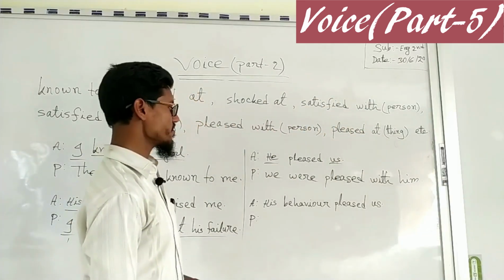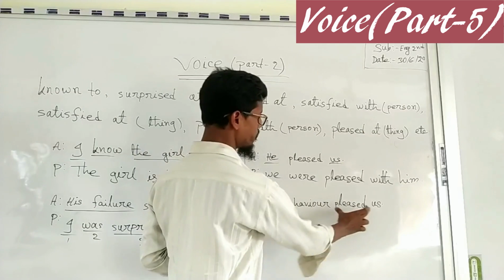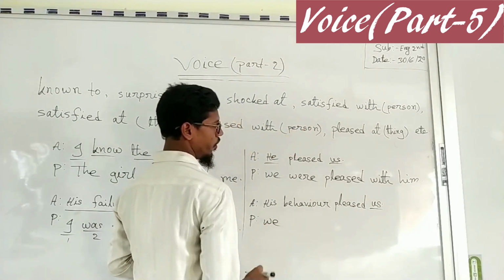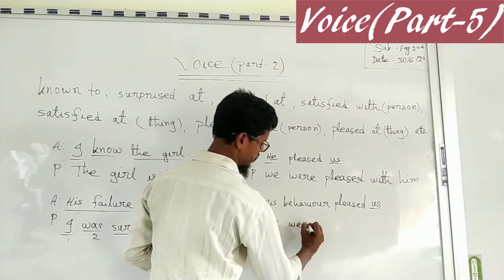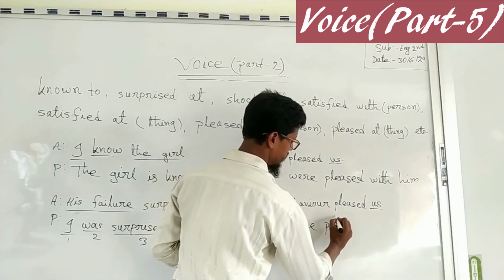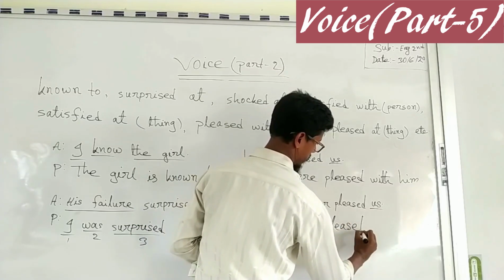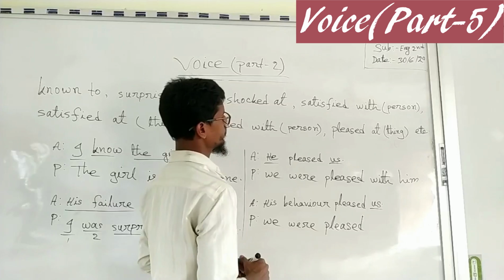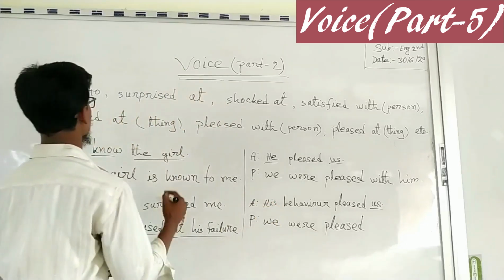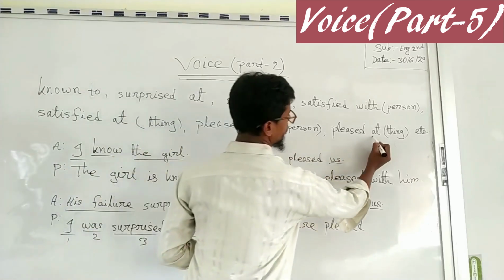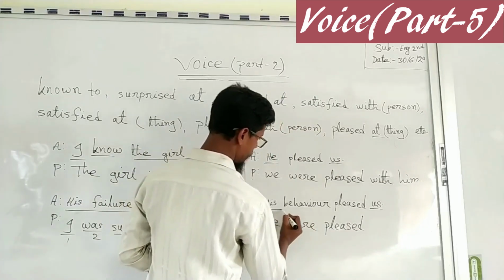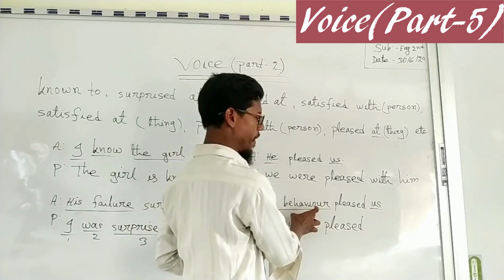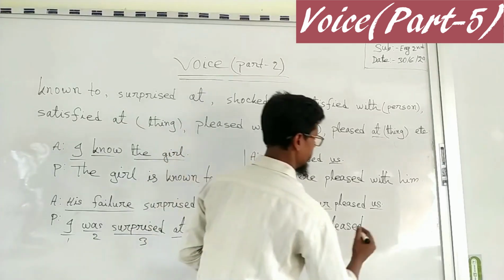His behavior pleased us. It is also past indefinite tense. Us will be the subject. Auxiliary verb were. PP pleased. But in this case, I have to use the appropriate preposition at, because his behavior is not a person. It is just a thing.